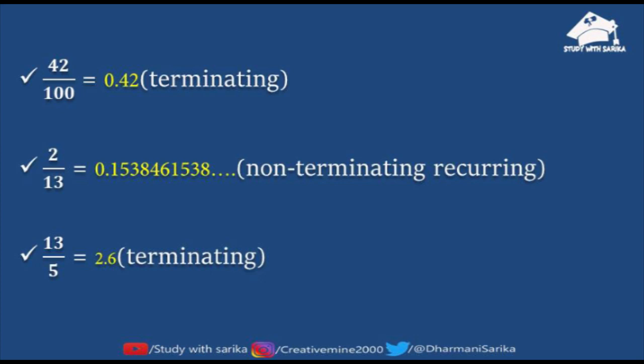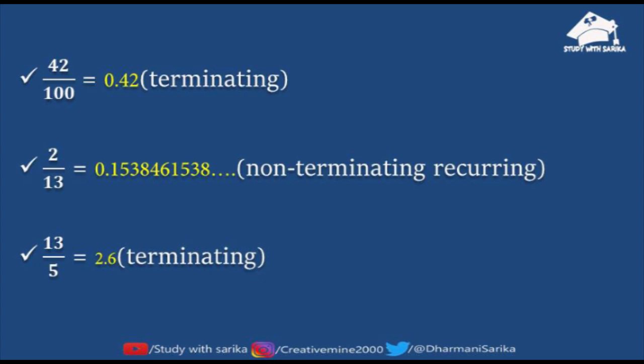It is a group of numbers which is repeating its value. So let's just read again: 0.153846, then after that 153846 is going to come, which means that 153846 is going to repeat itself again and again till an infinite number of steps. So it is a non-terminating and recurring kind of rational number.